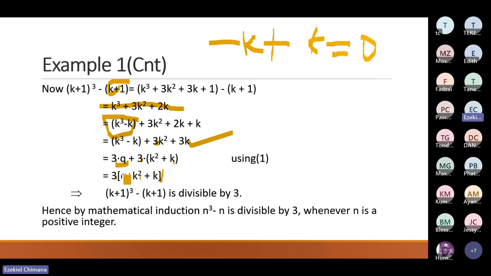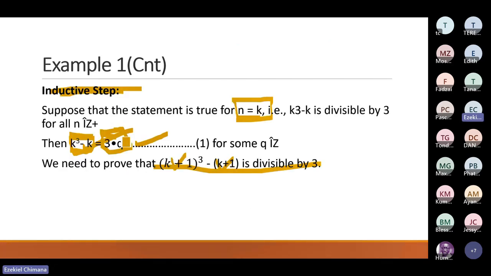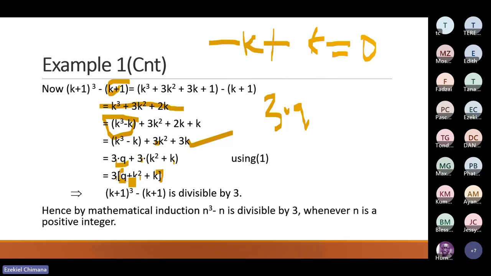And if you look at this thing, it's now in the form of multiples of what? Of 3. It's now 3 times q, which is the same as this one.